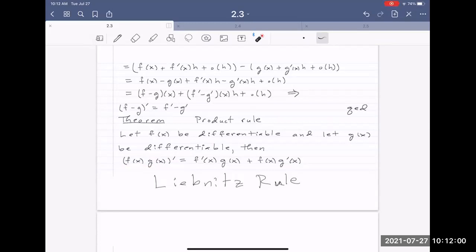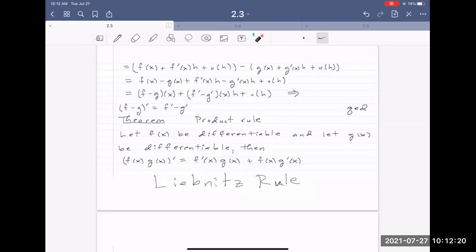And so this is the correct result. So even though he gave the wrong result, he published it first. And so it's still given his name. So we call it either the product rule, but I'll usually call it Leibniz rule.